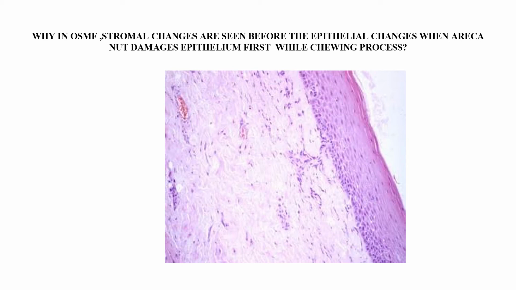During this chewing process, it traumatizes the superficial epithelial surface. But the stromal changes are seen first and then the epithelial dysplastic features. Why? When the areca nut damages the surface epithelium first, then why are the stromal changes always seen first?